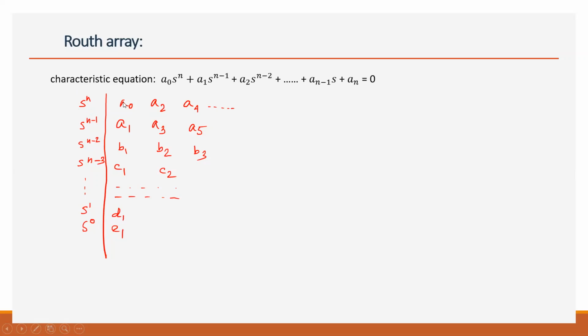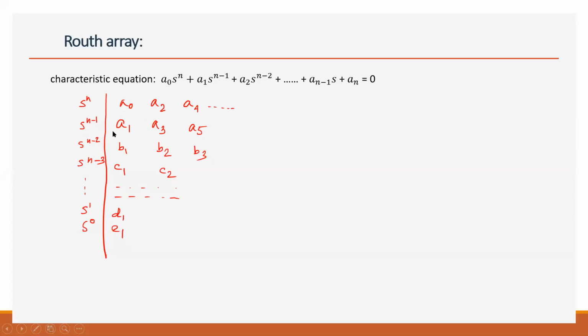The first row starts with the coefficient a0, and then you go with plus 2: a0, a2, a4, skipping one each time. This forms the row for s to the power n. The s to the power n minus 1 row is formed starting from a1 and again skipping one: a1, a3, a5, and so on.